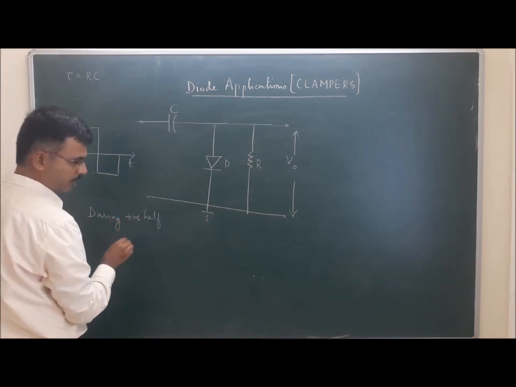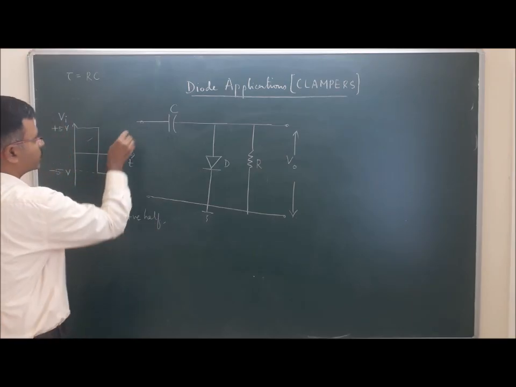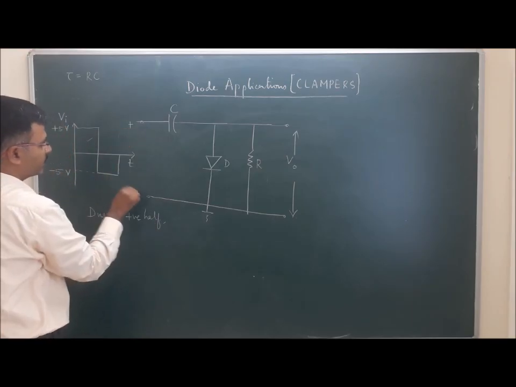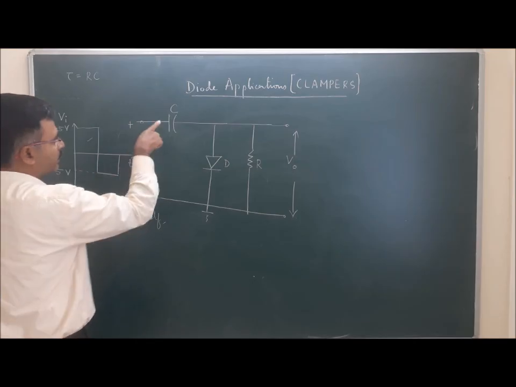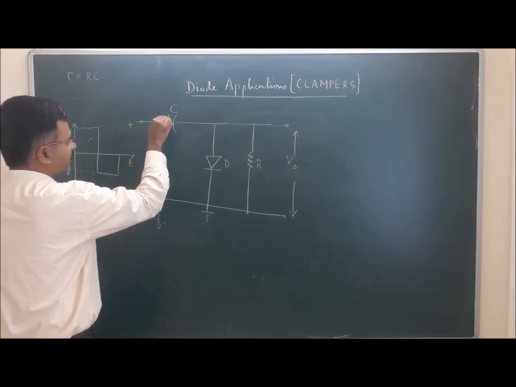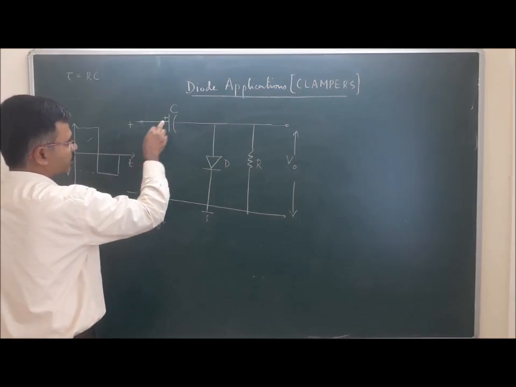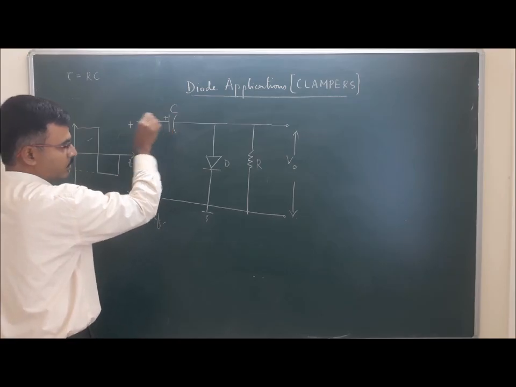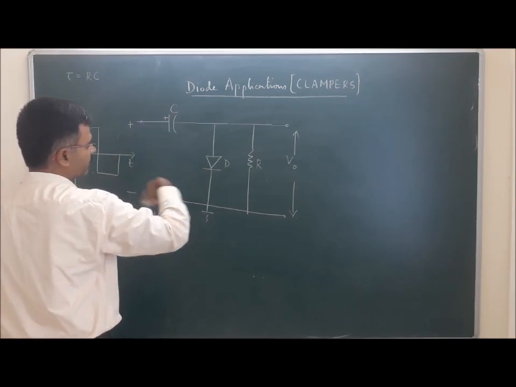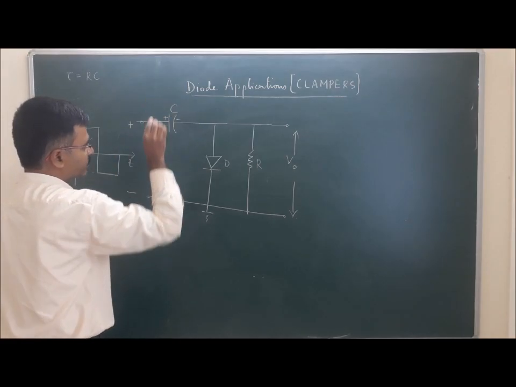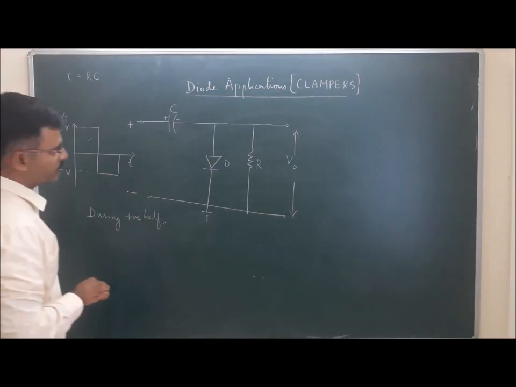During the positive half of the input signal, so when I say positive half, this is plus, minus. The capacitor gets charged. This plate gets charged to the positive charges, whereas the negative plate gets charged with the negative charges.